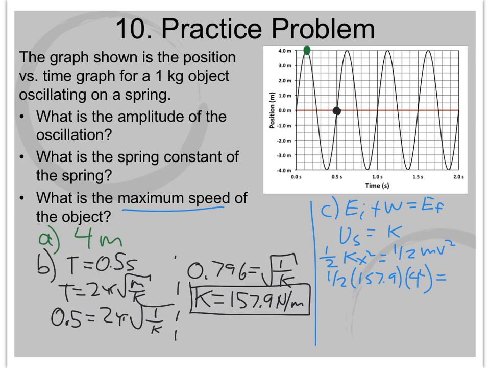We know all of our energy is spring potential there. And so that's going to be equal to 1/2 times 1 times v squared. This left side ends up becoming 1263, and that's equal to 0.5 v squared. So I solve for v, and I get 50.3 meters per second.